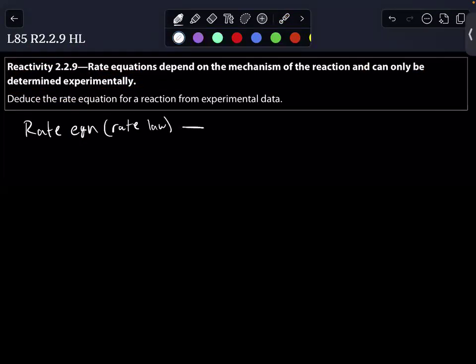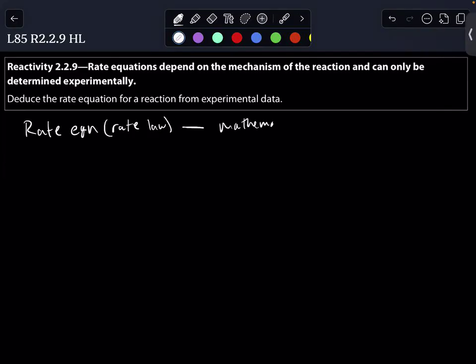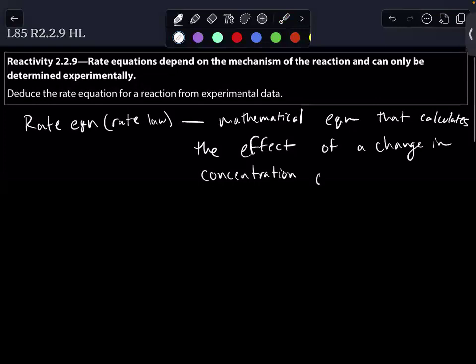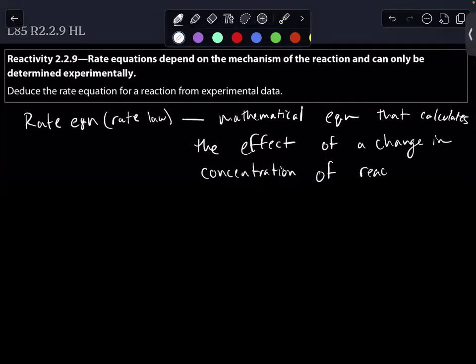Basically, this is a mathematical equation that calculates the effect of a change in concentration of reactants on rate.